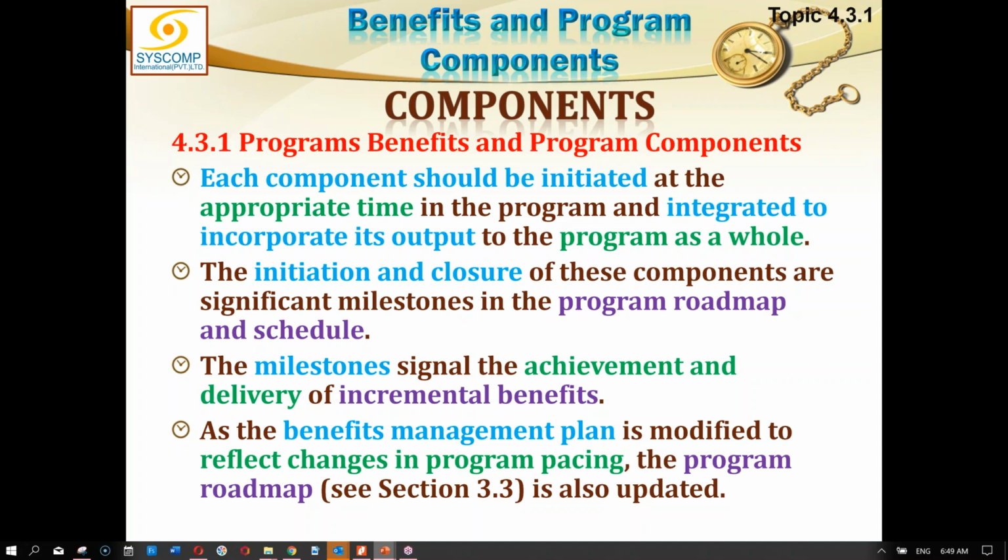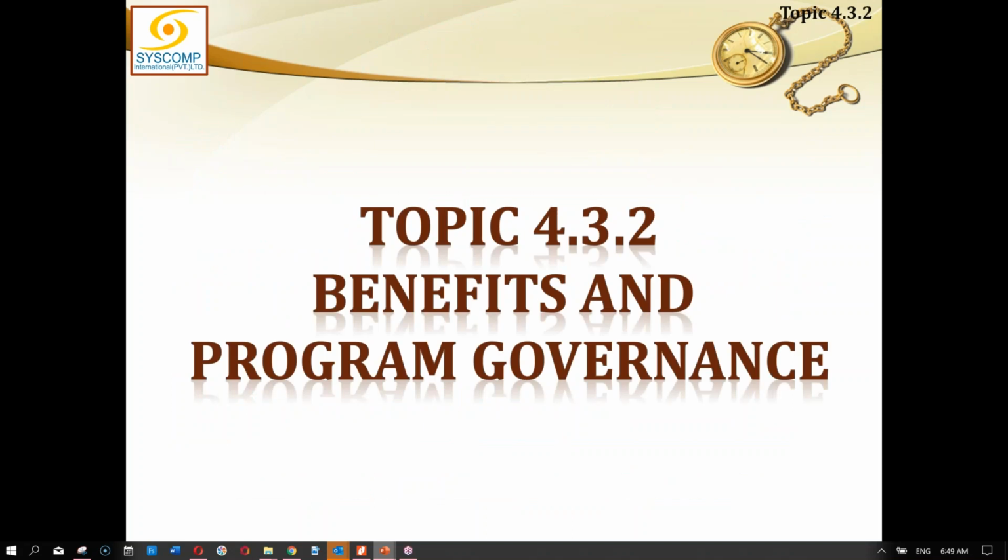The milestones signal the achievement and delivery of incremental benefits. As the benefit management plan is modified to reflect changes in program pacing, the program roadmap must be updated. So you cannot remain on the old roadmap while the program is being changed. So that roadmap will also have to depict the changes.